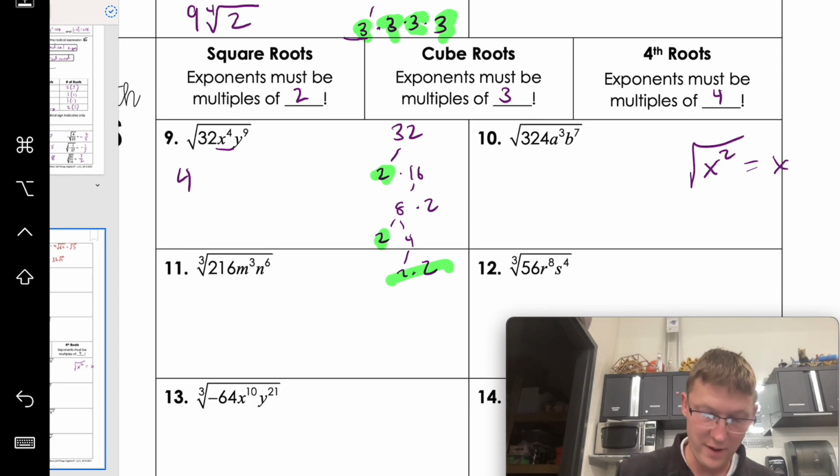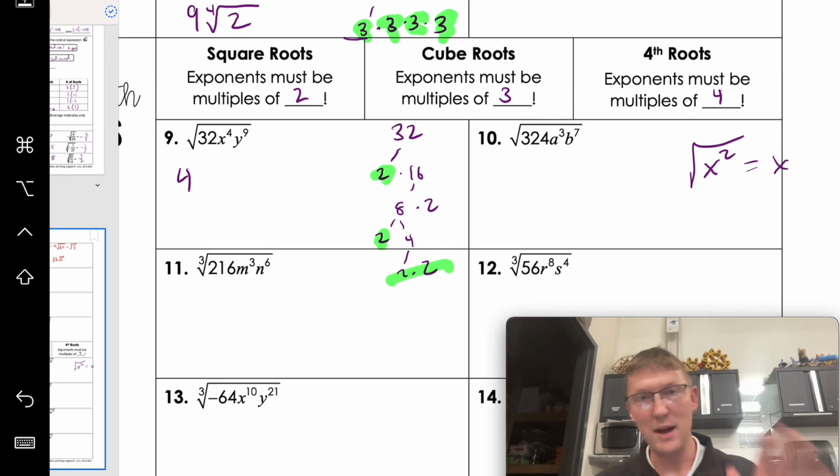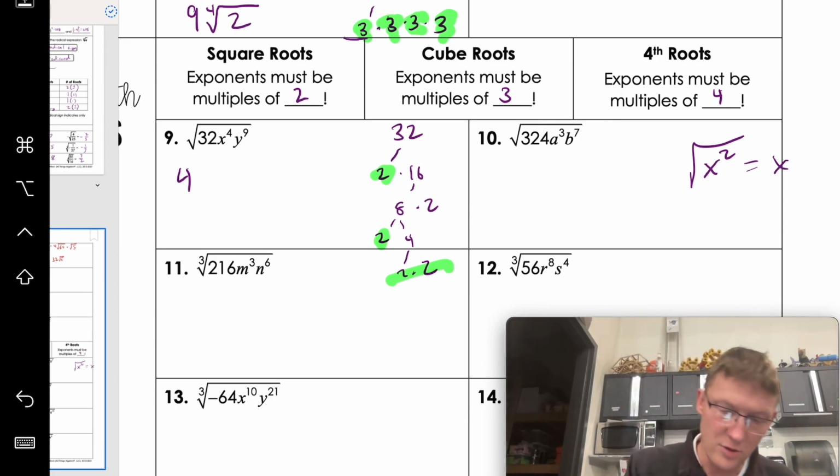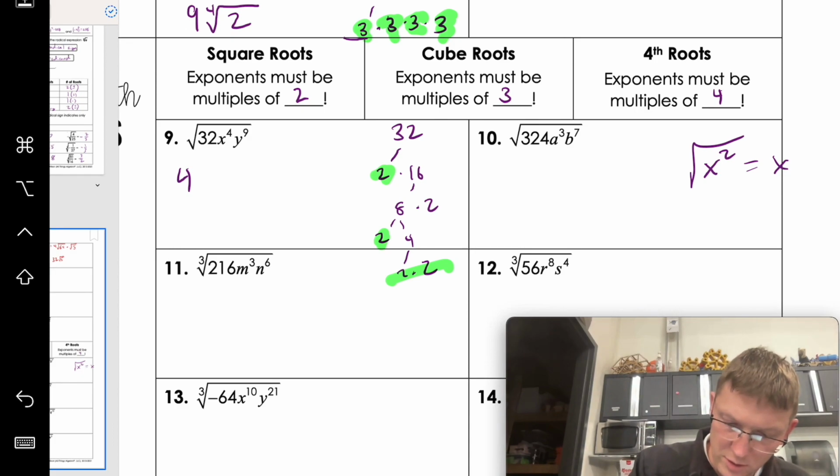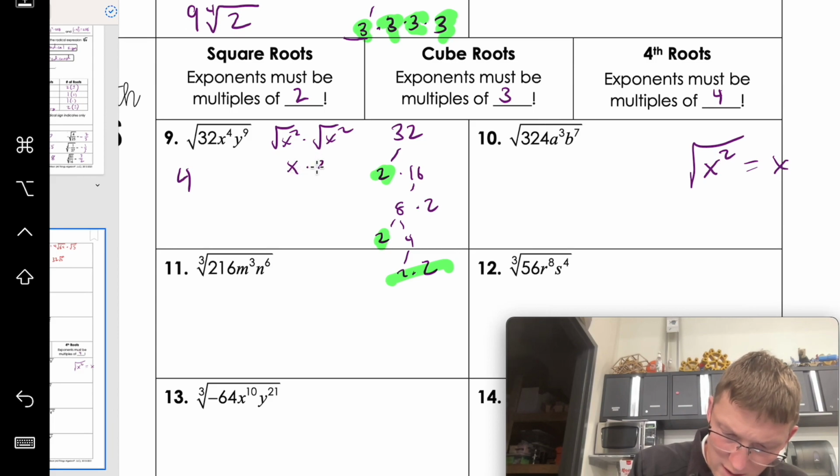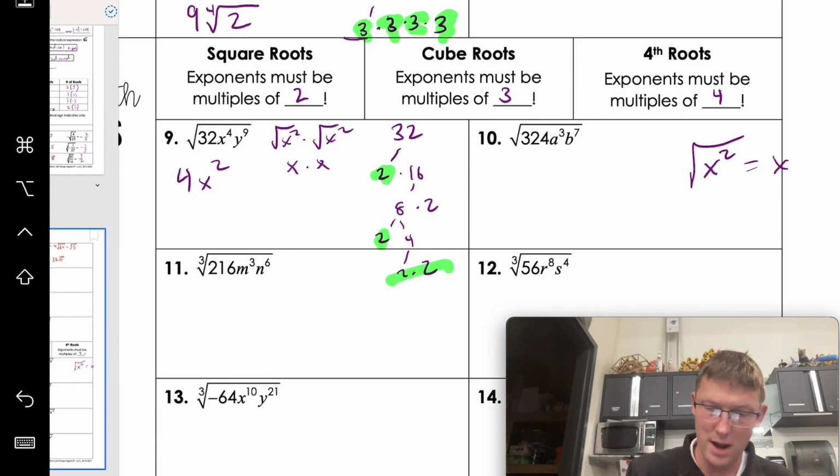How many groups of x squared do we have in that case? We have 2: x squared times x squared. So the square root of x squared times the square root of x squared is going to equal x times x. So we're going to have x squared on the outside of the radical.